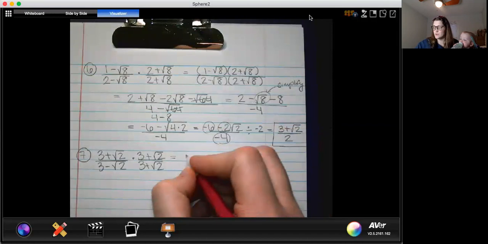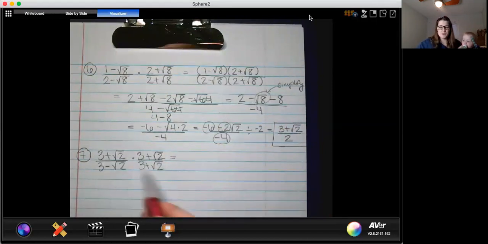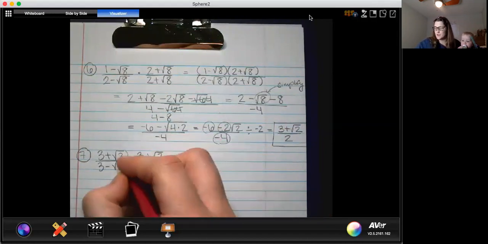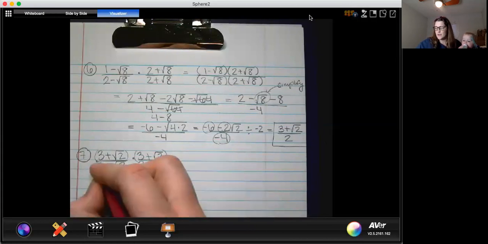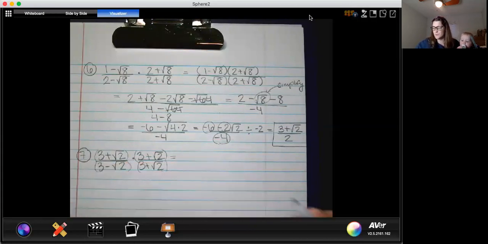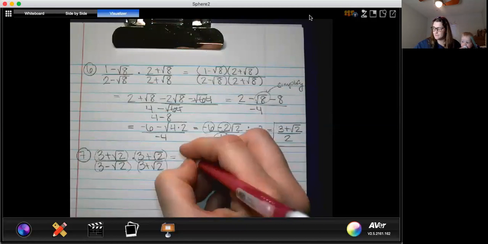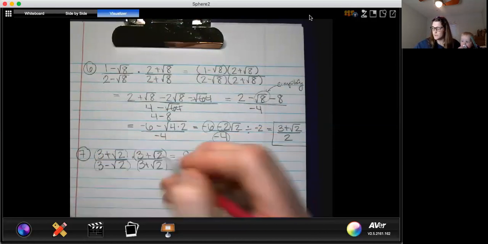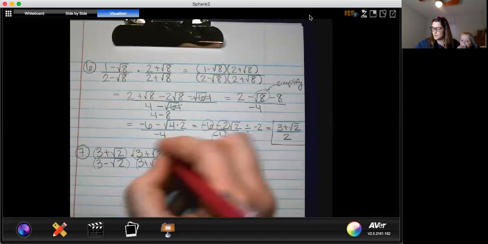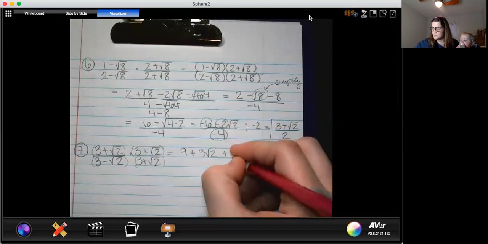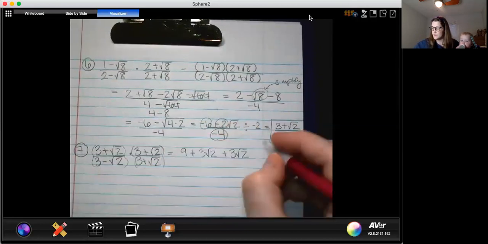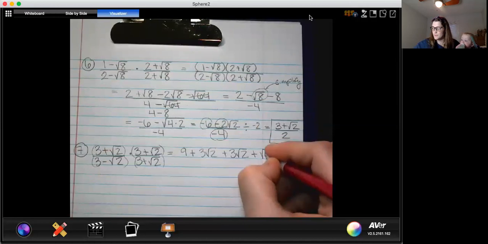But at this point, I'm just going to remember that I'm multiplying two binomials and treat it as such so that I can skip that step in writing. So 3 times 3 is 9. 3 square root of 2 plus 3 square root of 2 plus square root of 4.